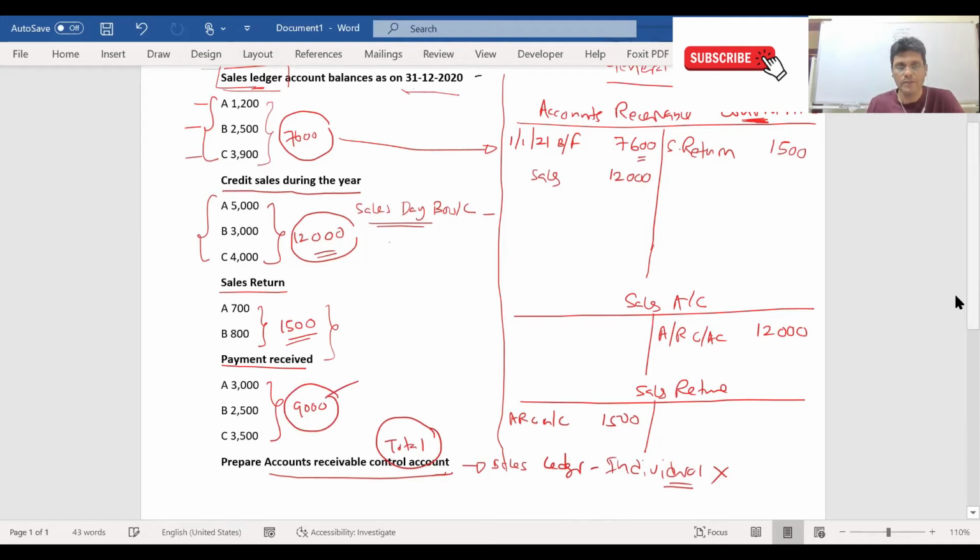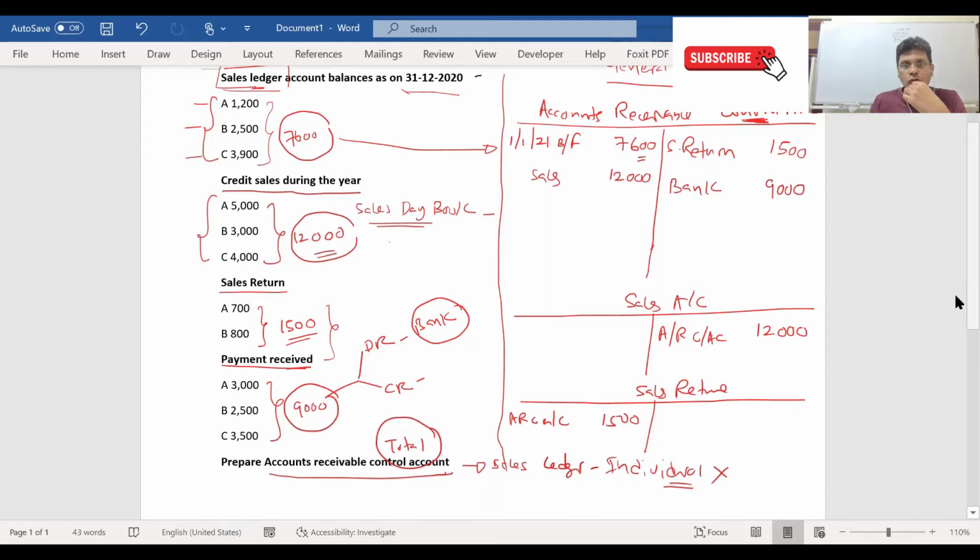The customers have paid 9,000. When you receive money, where do you debit? Either cash or bank account, right? So you debit the bank account and credit the accounts receivable control account, 9,000.